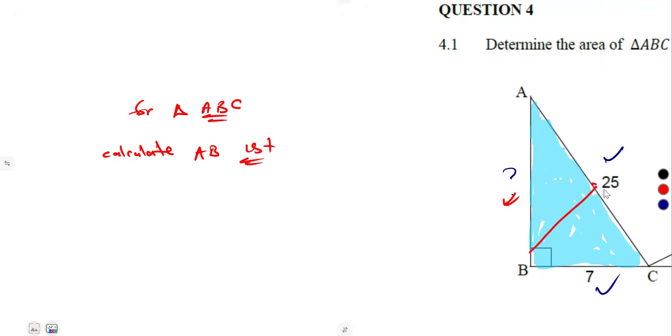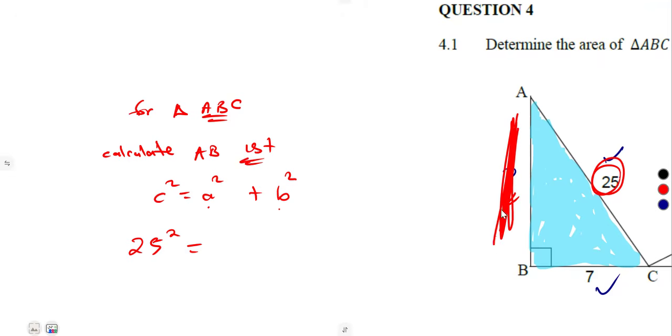Remember, hypotenuse squared is equal to a squared plus b squared, where our hypotenuse is 25. So 25 squared is equal to the sum of squares of the shorter sides, which is AB, to be calculated, and the other side BC, which is given as 7.